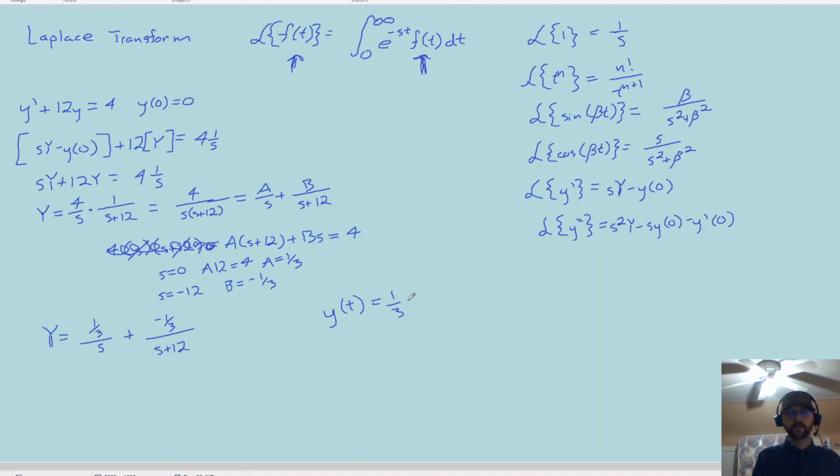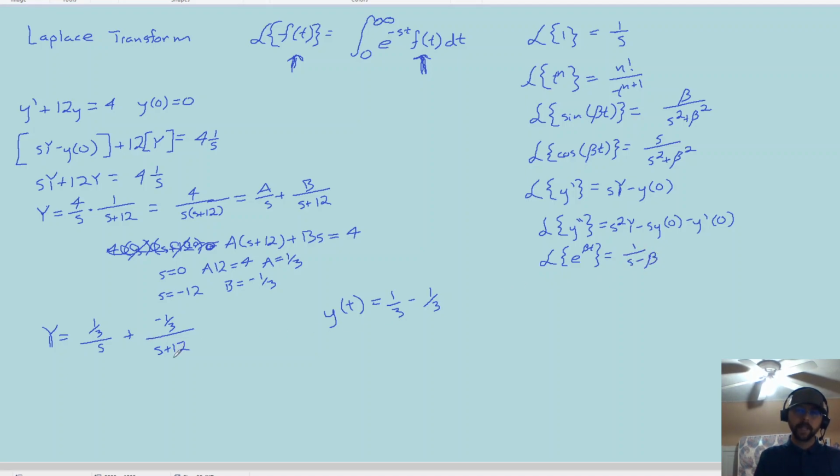And then we have minus 1/3, I'm pulling it off the top and out in front, times the inverse Laplace of 1 over s plus 12. And this is one that I didn't write down. If I have it memorized correctly, the Laplace of e to the beta t equals 1 over s minus beta.